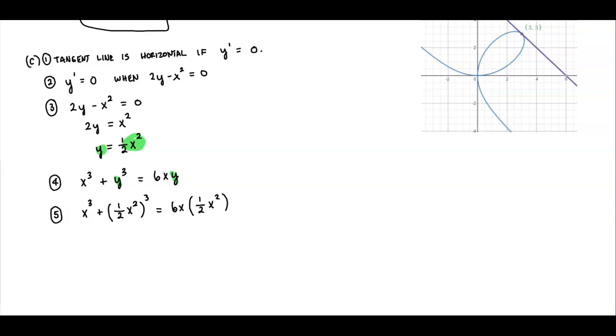Let's simplify this a little further. We have x cubed plus 1/8 x to the 6th, which is equal to 6 times 1/2, which is 3, so 3x cubed.